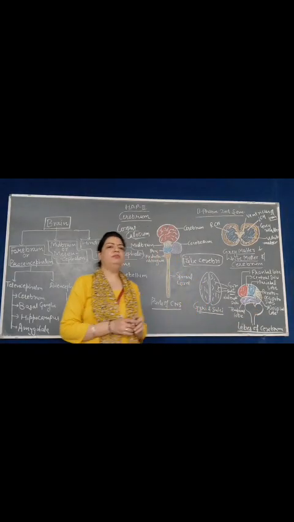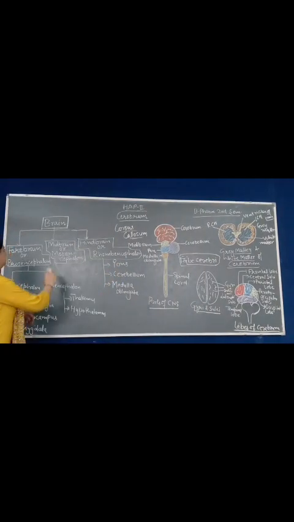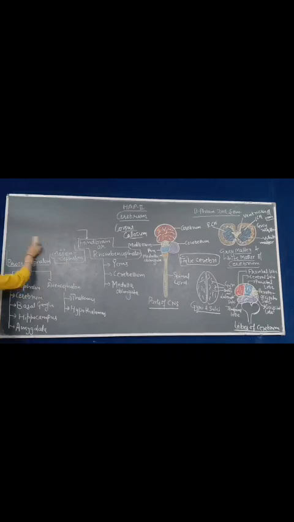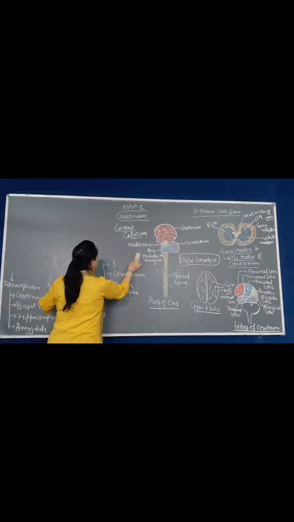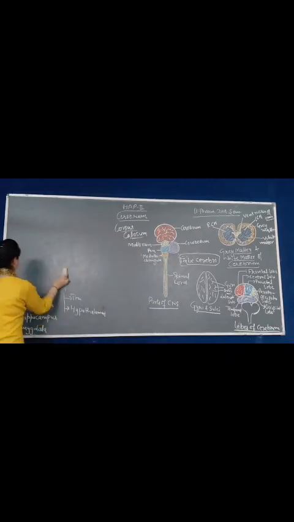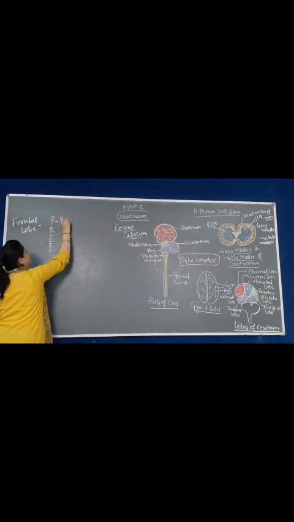Now moving towards the functions of the various lobes. I can give you mnemonics for the functions of the various lobes. To learn the function of the frontal lobe, the mnemonic is PRESS. P stands for problem solving.